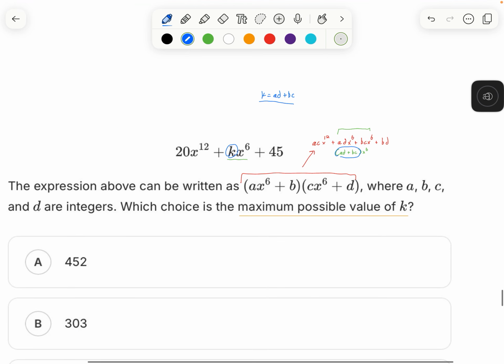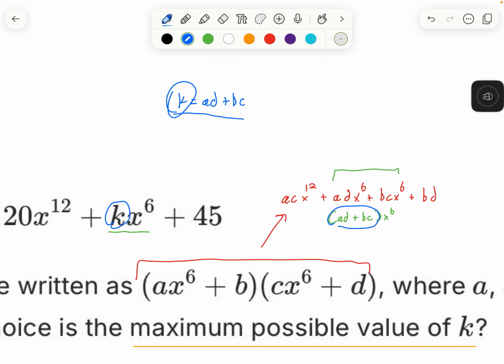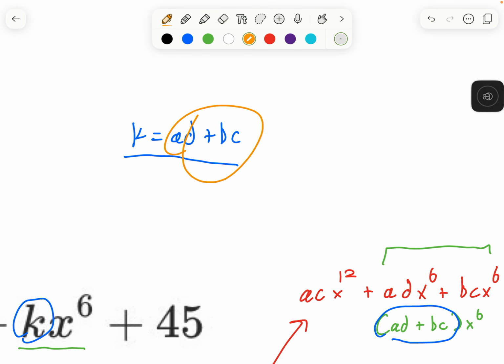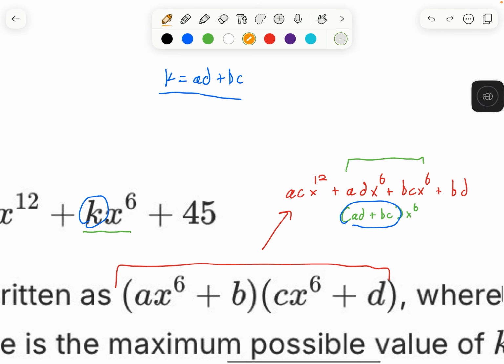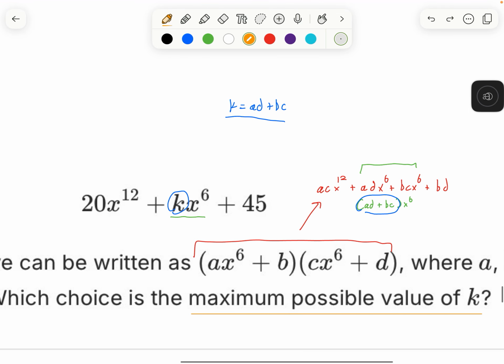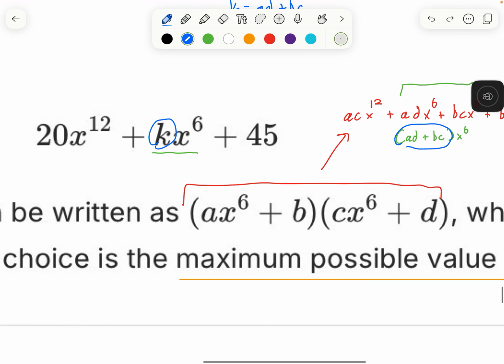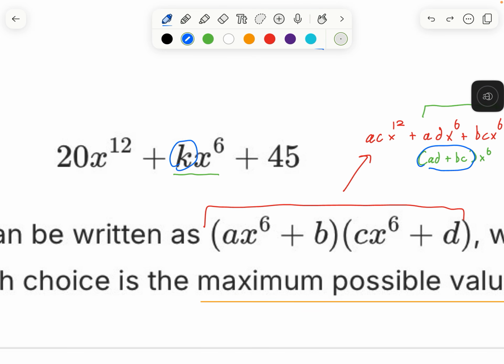Now, how do we actually find the maximum k? There's a lot of constants here. What are those constants actually going to be? Well, what is a? You'll notice that if you go back to the given expression, a times c equals 20.